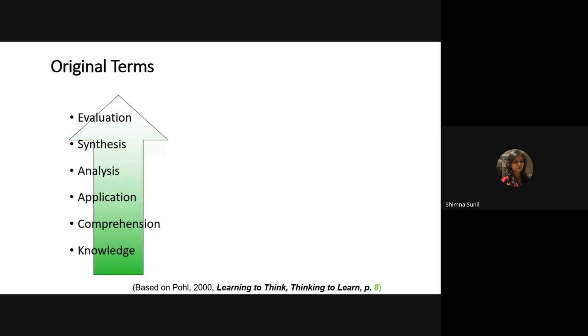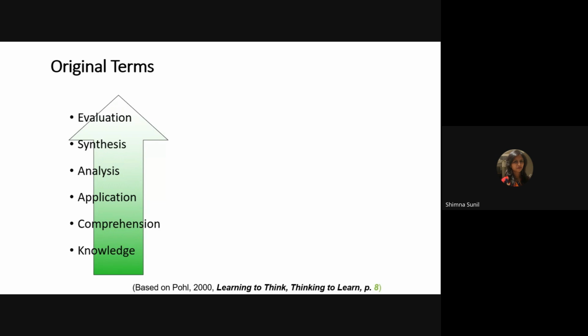When this framework was developed in 1956, if I'm not wrong, long back, it had 6 cognitive levels of complexity. It started with knowledge, then moving ahead to comprehension, application, analysis, synthesis and evaluation. Since this taxonomy is hierarchical, each level is subsumed by the lower level.